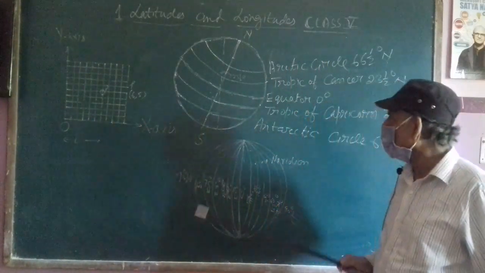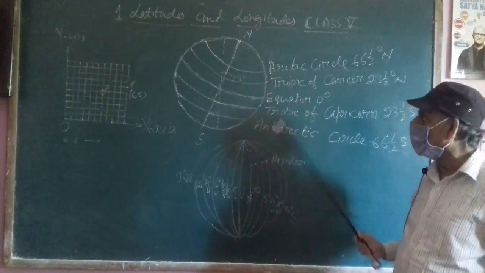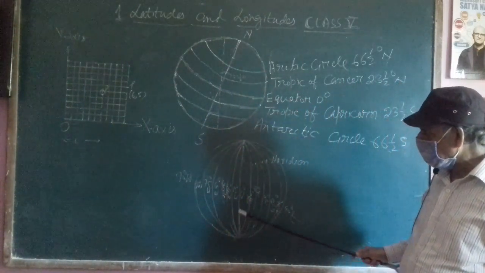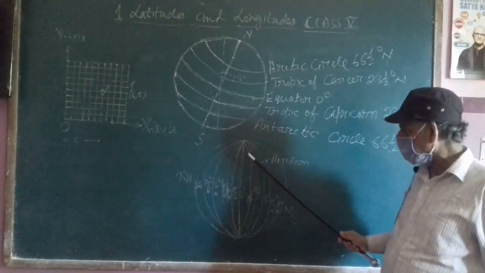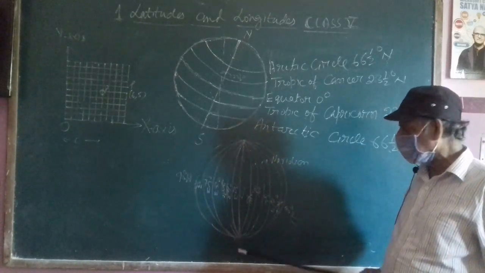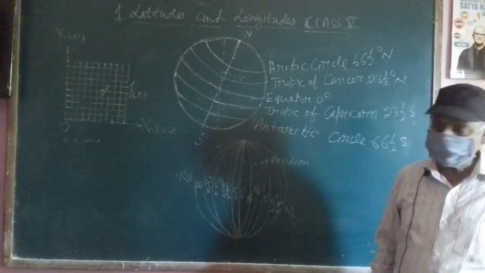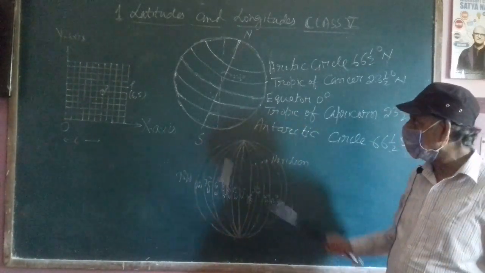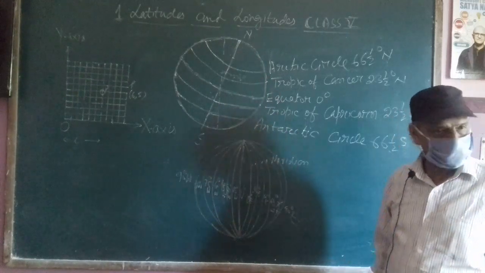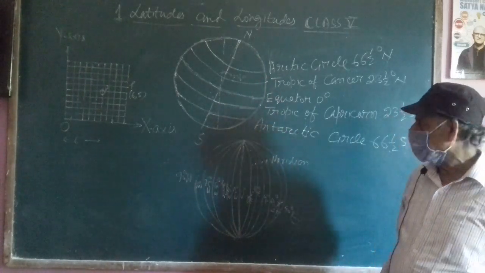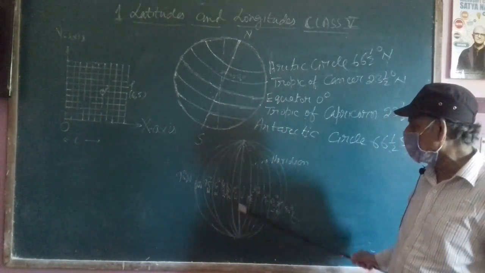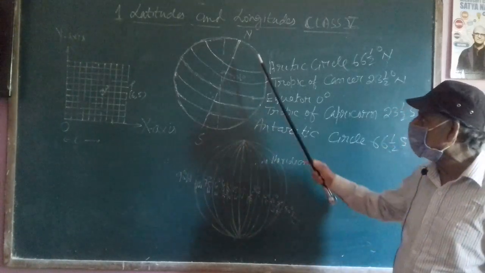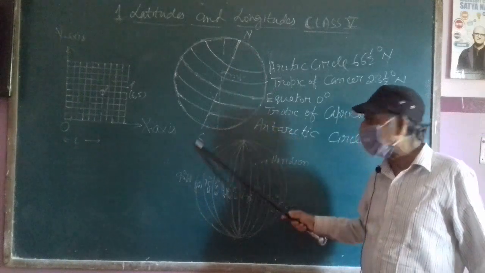Now what are longitudes? Longitude you see here. You can say this is your 0 degree. This is a very important longitude. This is called prime meridian. This is also an imaginary line, drawn over the surface of the earth. This is not the axis. This is another 0 degree. This is drawn over the surface of the earth, and the axis is drawn inside the earth.